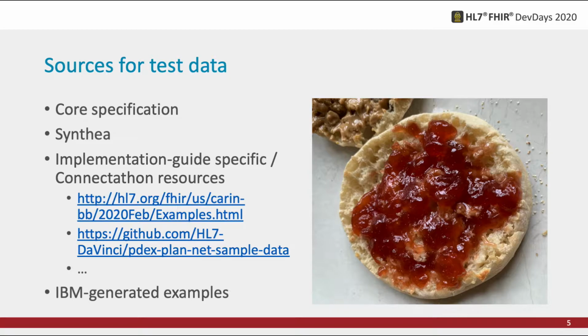To do this example-driven testing, we need a lot of examples. Here are some of the core sources. The core specification has examples for each and every resource. If you go to one of the pages on the FHIR web page, you'll see a tab for examples, and you can go there to get a feel for what an actual instance of each resource type might look like.